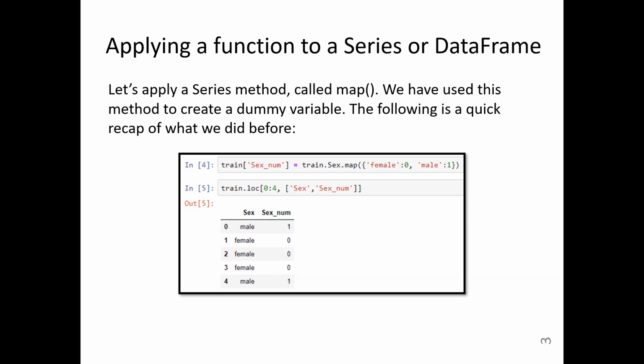And then we say, comma, column sex and column sex_num. So you see beautifully, it could just map all the males and females to 1s and 0s, right? So whenever you're done, please just give me a signal.